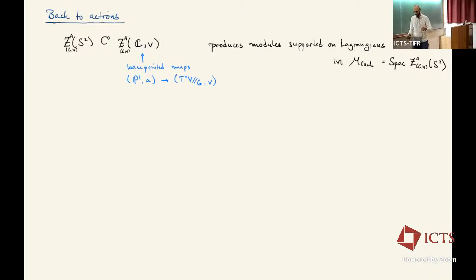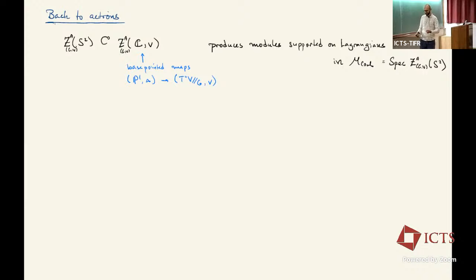Playing this Z of S2 game on the based pointed maps from P1 into the symplectic target produces, depending on the choice of base points, different Lagrangians in the Coulomb branch. So one gets a module for functions on the Coulomb branch, which ends up being supported on a Lagrangian. And they're very special Lagrangians.